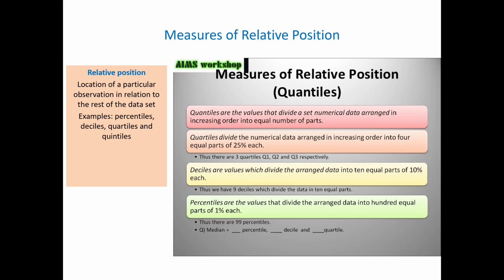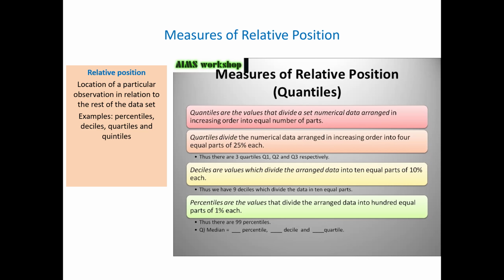So that's why we say the first quarter is 25%, the second quarter is between 25 and 50, the third quarter is between 50 and 75, and the last one is from 75 and above.